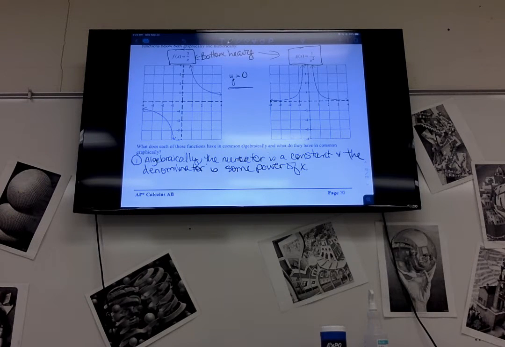That's what makes it bottom heavy. Then they have a horizontal asymptote at y equals 0.